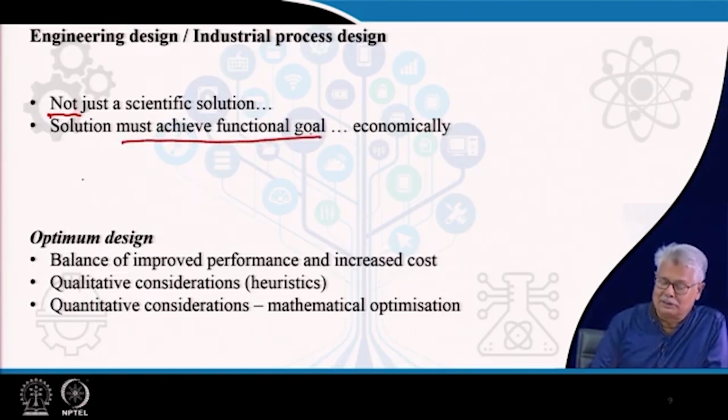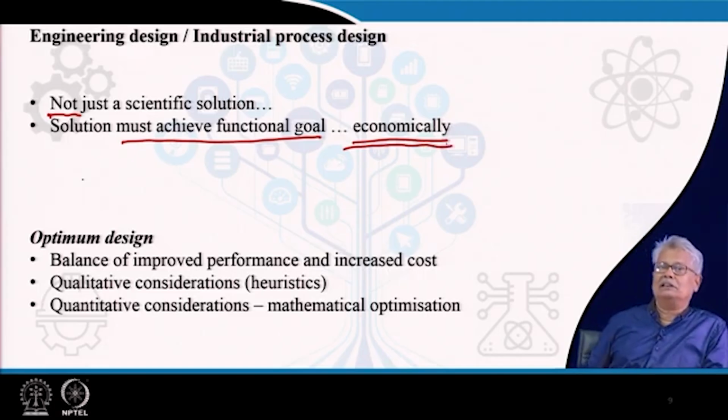We have talked about the functional goal in different examples earlier, but it must be achieved economically. So, in essence, if we are talking of engineering design, there are two features. The functional goal must be achieved and it has to be achieved economically.